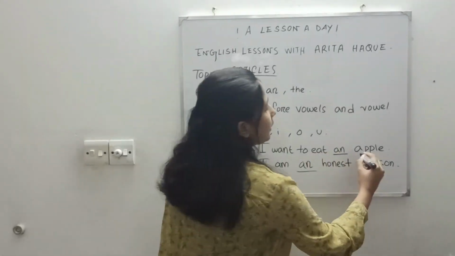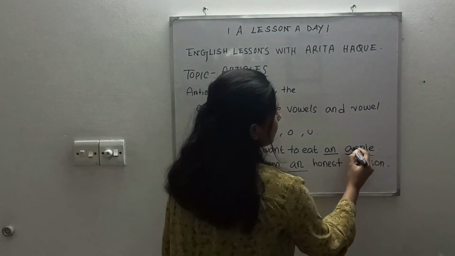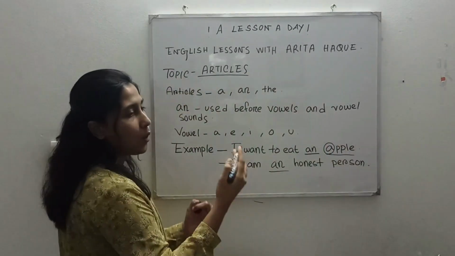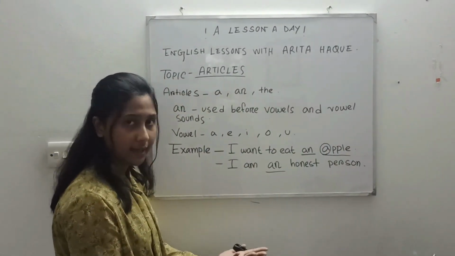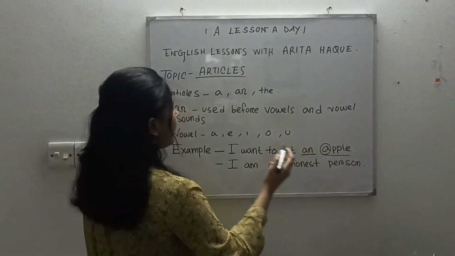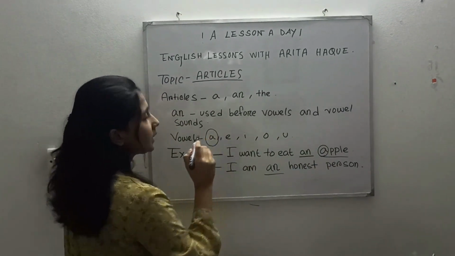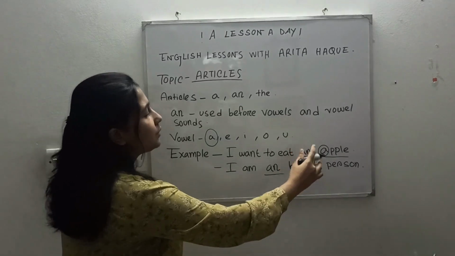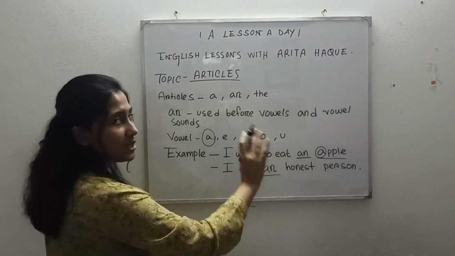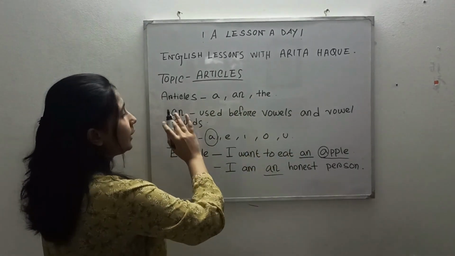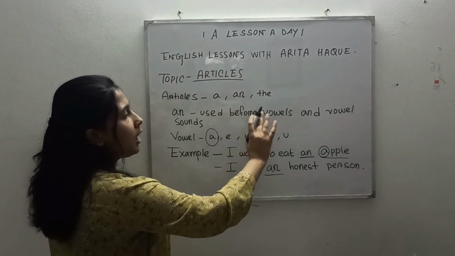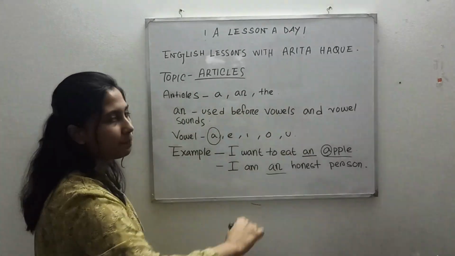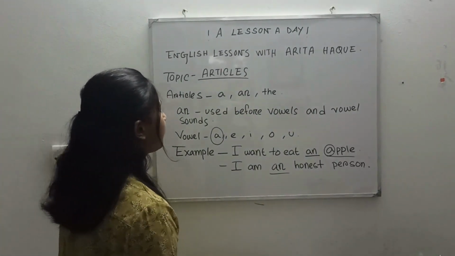Because in the word apple there is A. And what is the letter A? The letter A is one of the letters which we consider to be vowels. And that is the reason we used an, as I've mentioned before, that the article an is usually used before vowels and vowel sounds. Let's move to another example.